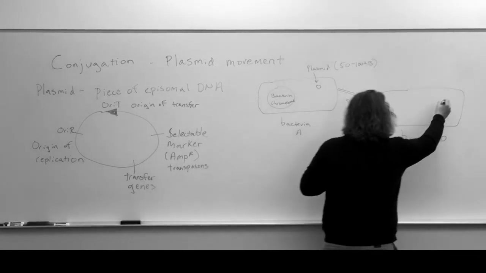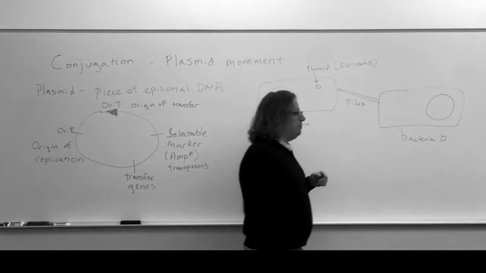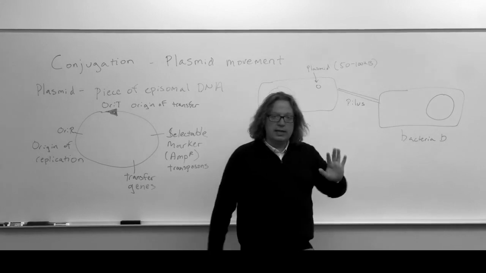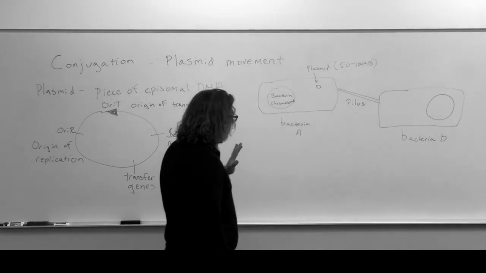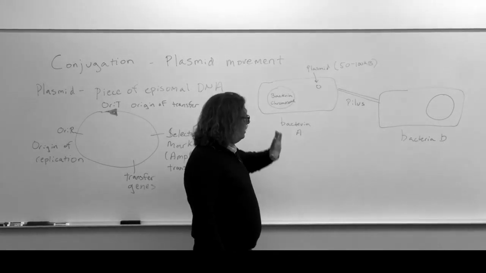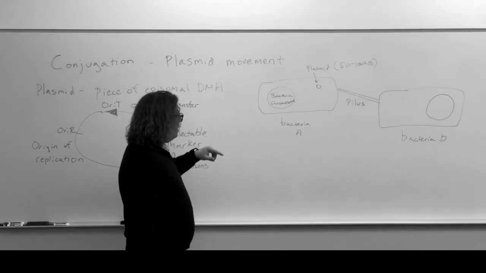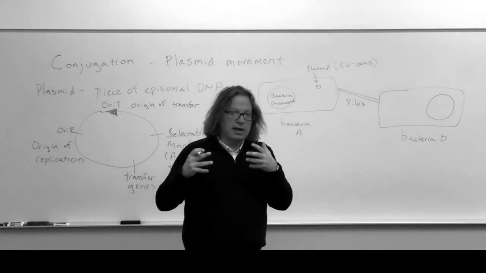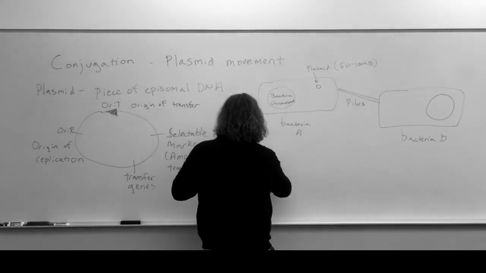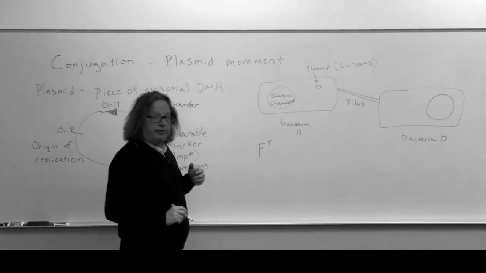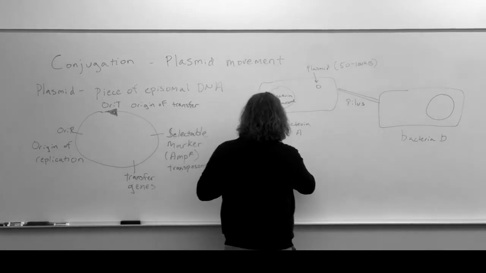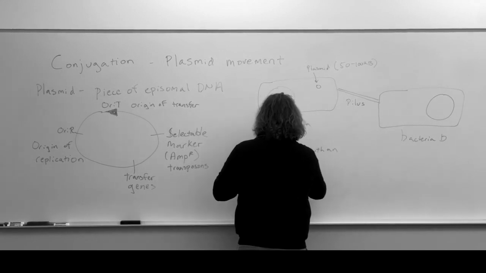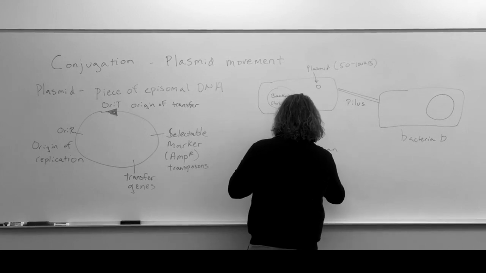So when does this happen? It happens when bacteria B doesn't have a plasmid. So bacteria B obviously has its E. coli chromosome, but it is negative for a plasmid. A bacteria that actually contains a plasmid, and here we're referring to these as F plasmids, is termed F plus. So an F plus strain is a strain with an F plasmid.